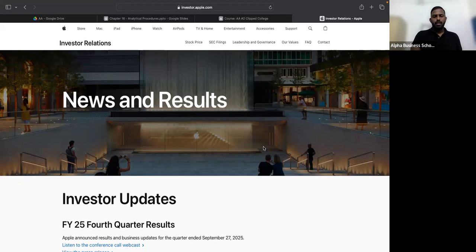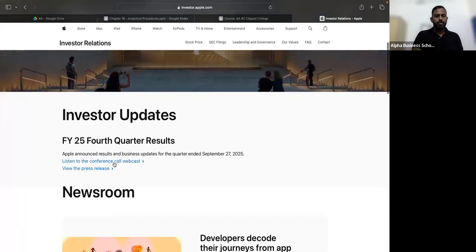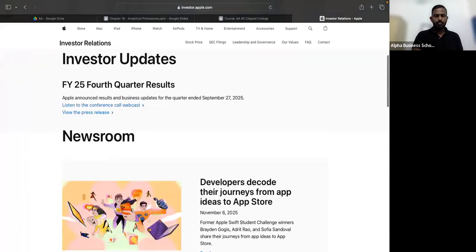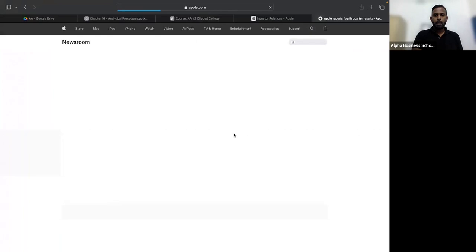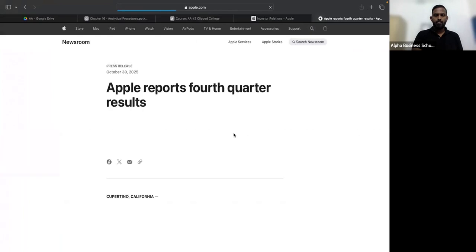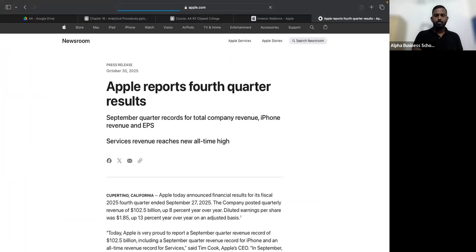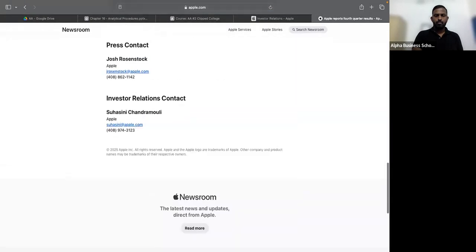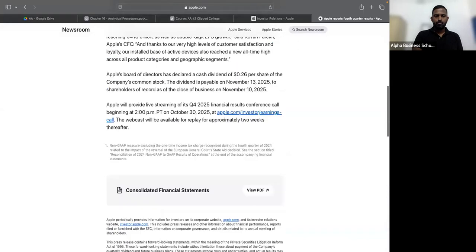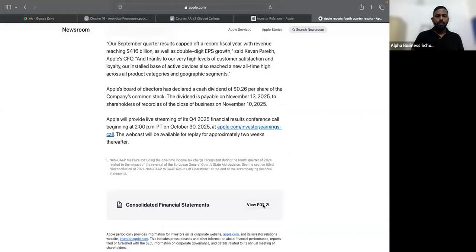In order to understand that, let's take the financial statements of Apple. We look at the fourth quarter results. Here we go, we go to the consolidated financial statements.